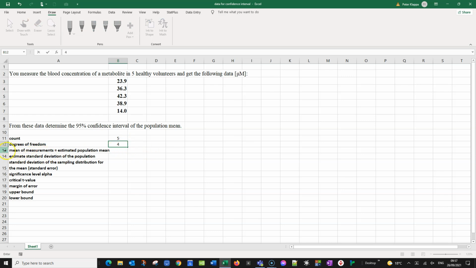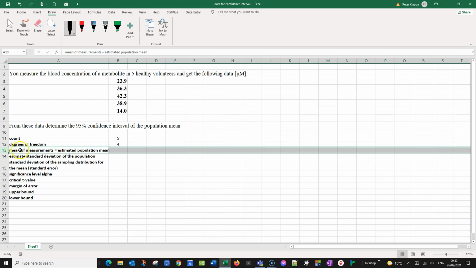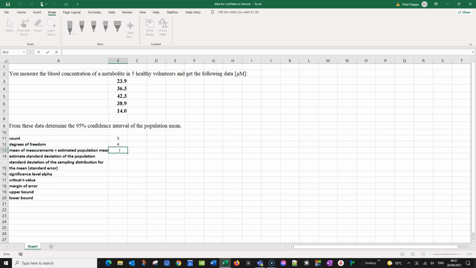The next thing that we want to find out is the mean of our measurements. What is the average of the measurements? Because we will say that this average of our measurements will also be our best estimate for the population mean. And we can do that with Excel.